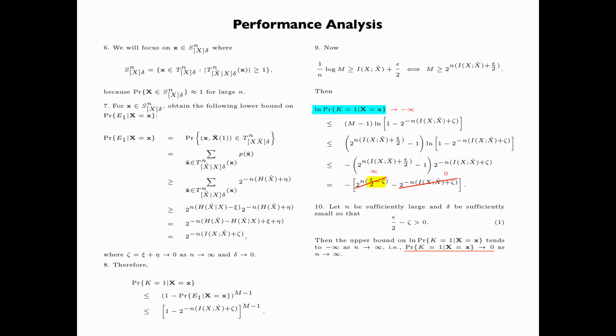That is, the probability of K equals 1 given X equals x tends to 0 as n tends to infinity. This implies that for a sequence x in the S set, for sufficiently large n, the probability of K equals 1 given X equals x is less than or equal to epsilon over 2.